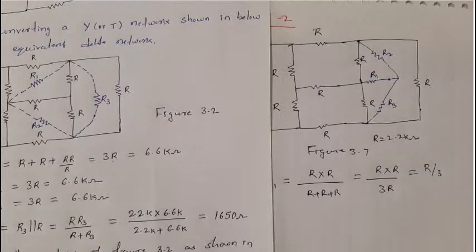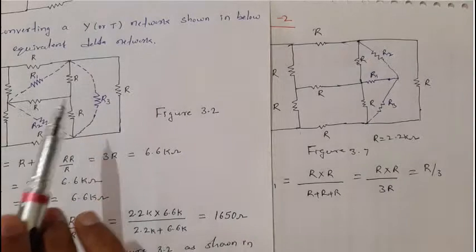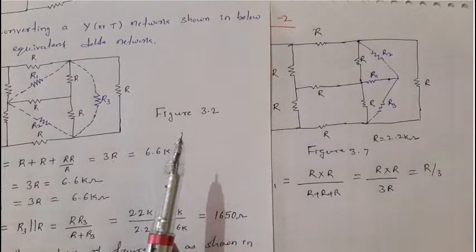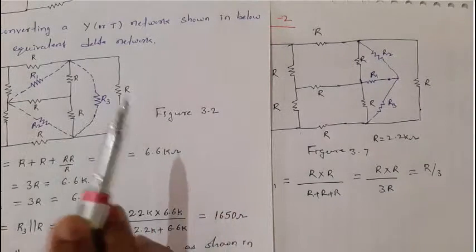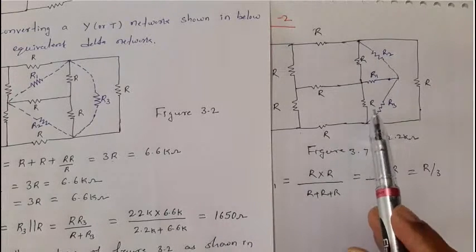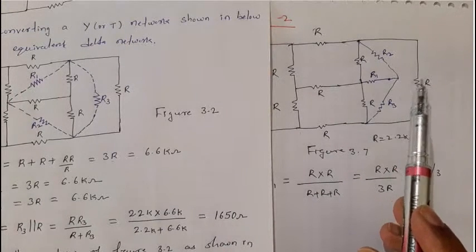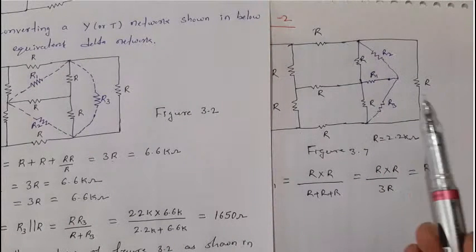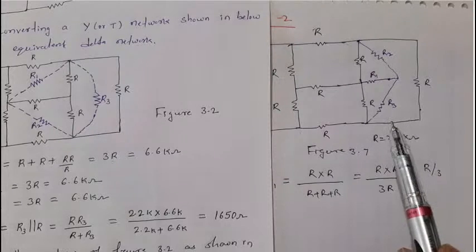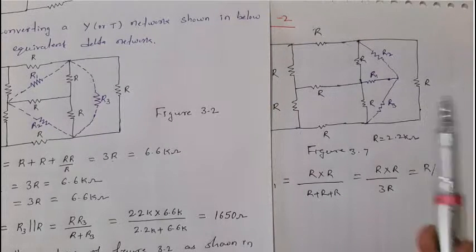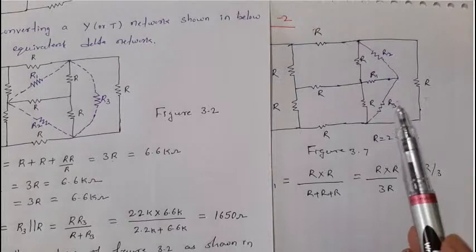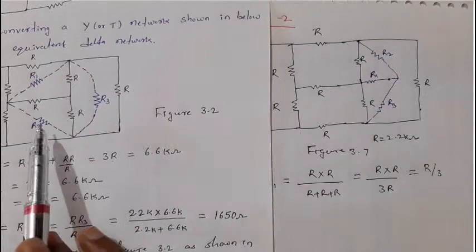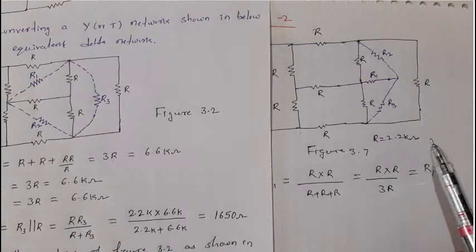If all 3 resistors of the T network are equal, then all 3 resistors of the delta network will be equal, and they will be equal to 3 times the one resistor. And when all the resistors of the delta network are equal, then the converted T network will have equal resistances, and that value will be one resistance divided by 3, means 1/3 of one resistance. Here 3 times the one resistance, and here 1/3 of one resistance, okay.